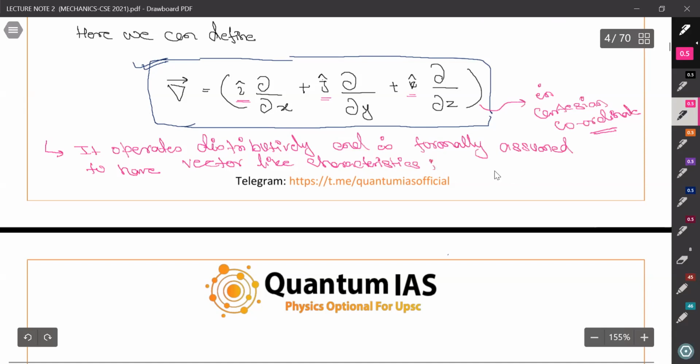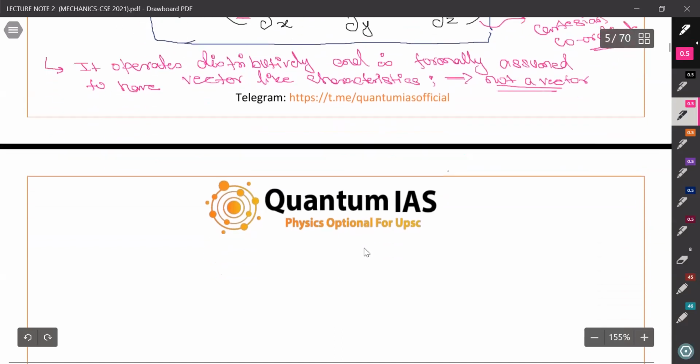We assume that it has some vector-like characteristics, but it is not a vector. You should remember this also. It is not a vector, but it has some characteristics of a vector that we will see.